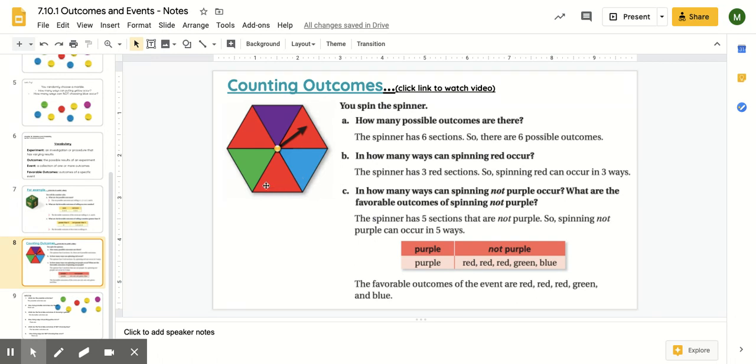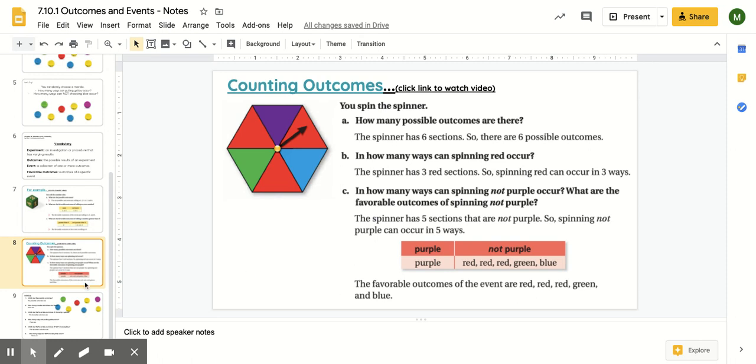Red is not favorable. Green is not favorable, and red is not favorable. Notice in our table that we do list red a total of 3 times because there are 3 different options to spin red. So we do need to list all 3 of those because they are their own separate sections on your spinner. So you would say that the favorable outcomes of the event are red, red, red, green, and blue.